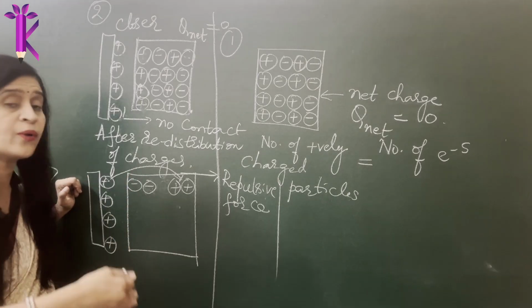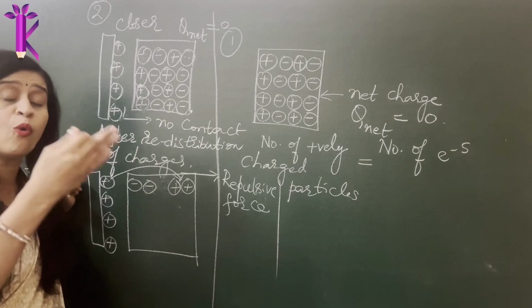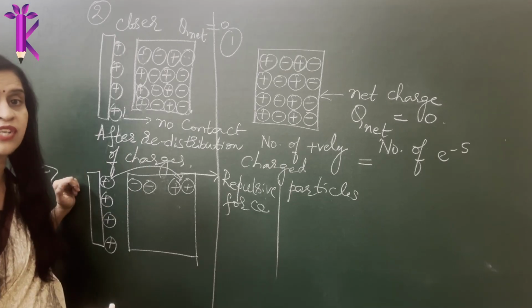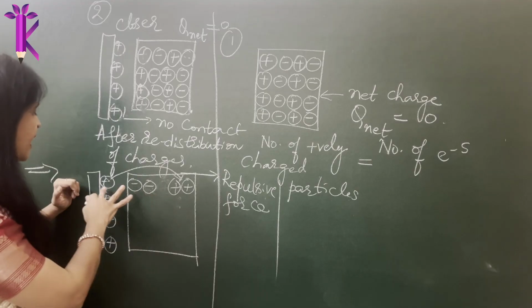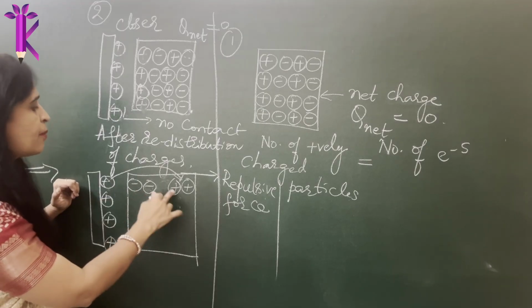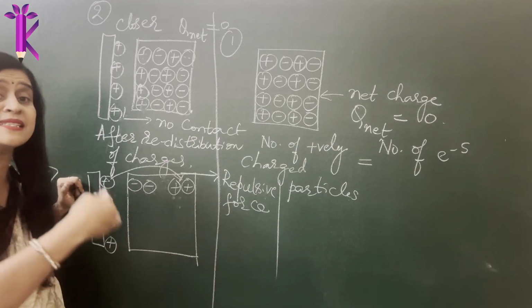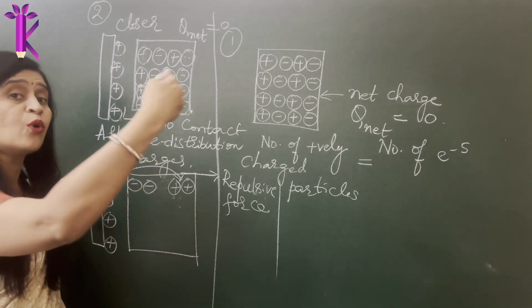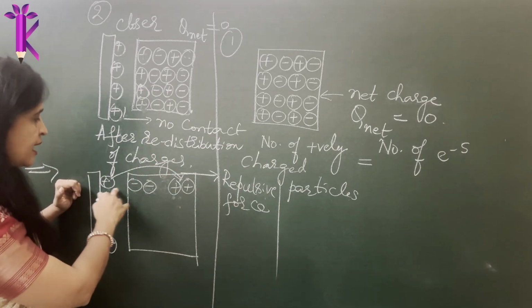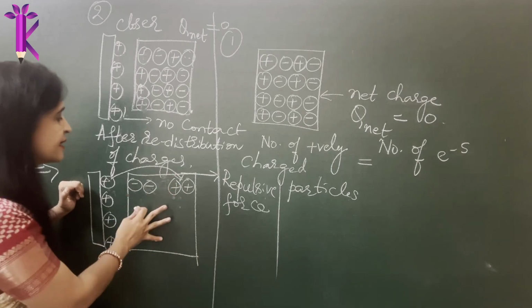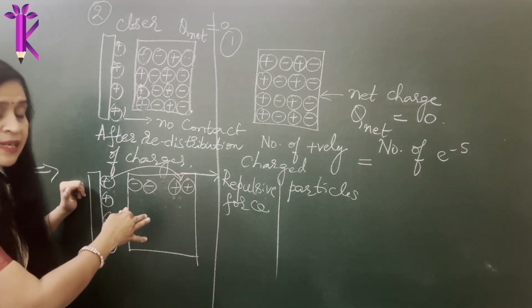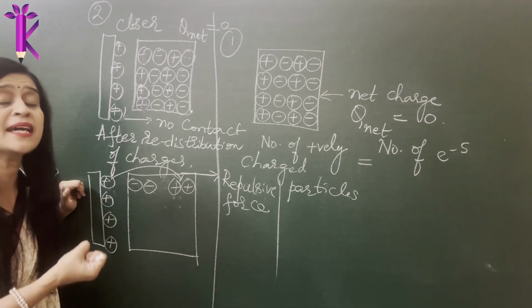So it is allowing the charges to redistribute only by the fundamental property of the charges, which is like charges repel and unlike charges attract. Just like the positively charged particles experience a repulsive force and start moving away from the positive charge of the conductor, similarly the negatively charged ions on the surface of the metal experience an attractive pull.